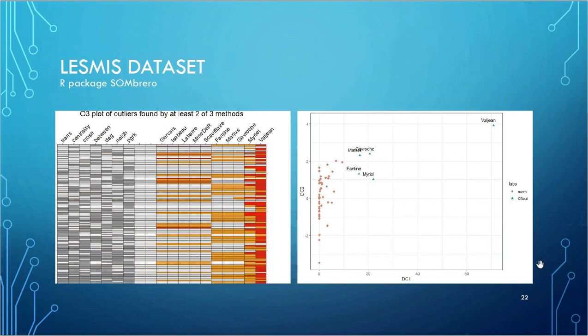And in our DOBIN plot, we get Valjean way out there, and then also we have Muriel, Fantine, and all these other characters clustering somewhere here, a little bit away, and then we have the rest of the cluster. Again, the DOBIN plot agrees with the O3 plot.